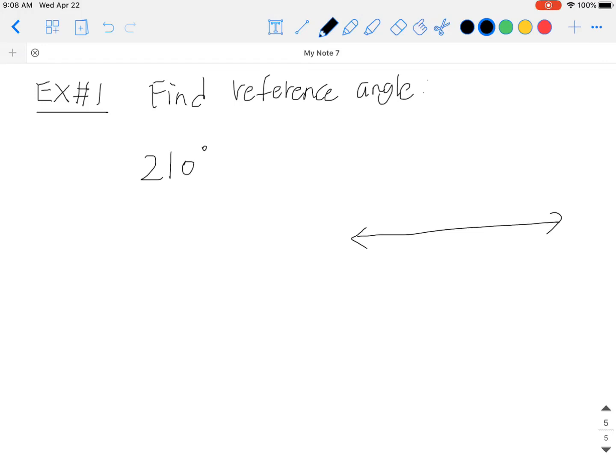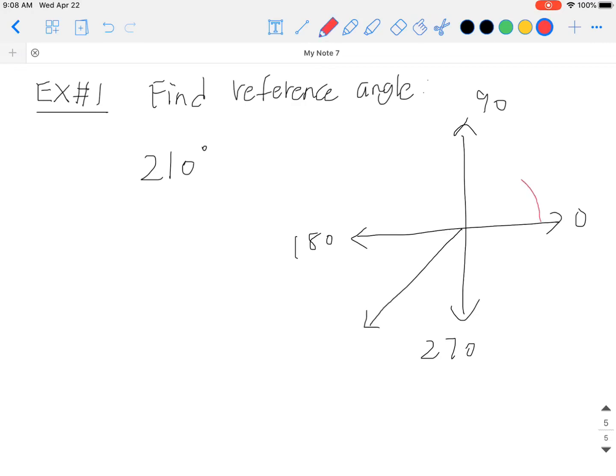Remember, if you want to draw it out on the plane, this is 0, this is 90, and 180, 270. And 220 seems to be between 180 and 270. In other words, if you start from 0 and go counterclockwise all the way to here, that's the degree.